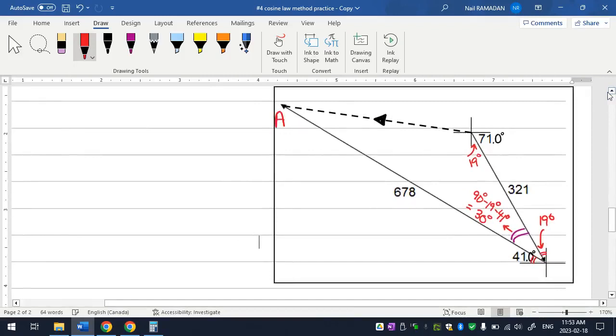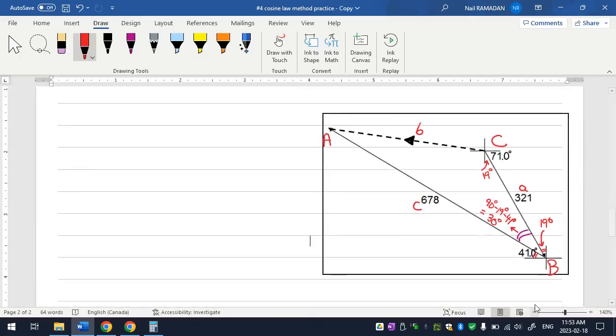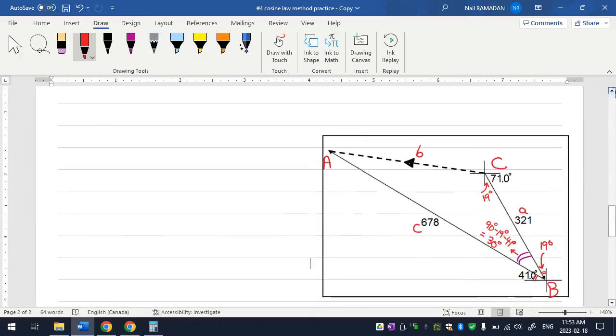So now we're ready to label. So let's call it A, B, C. That'll mean this one's C, this one's A. So in this one we're gonna find B. So let's write the cosine law.